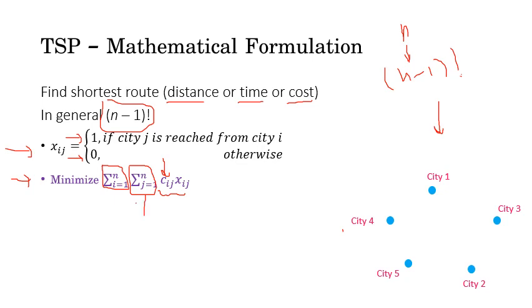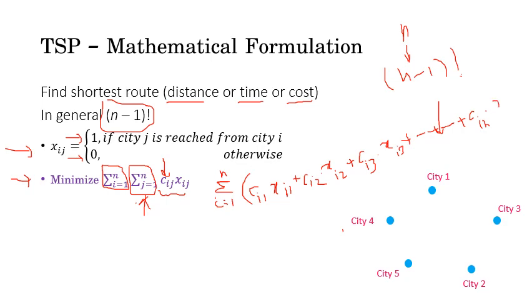First of all, this inner summation: if I expand the inner summation, then the objective function looks like this: summation of i equals 1 to n, that's the outer summation, and the inner summation when expanded is Ci1 xi1 for j is 1, plus Ci2 into xi2 for j is 2, plus Ci3 into xi3 for j is 3, and so on, plus Cin into xin. Okay, so that is the expansion of this inner summation.